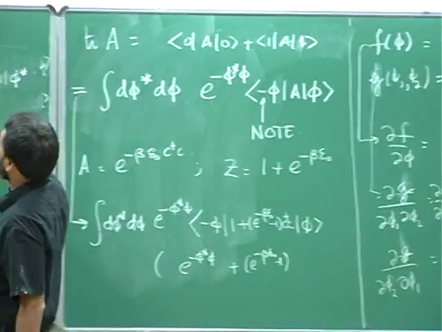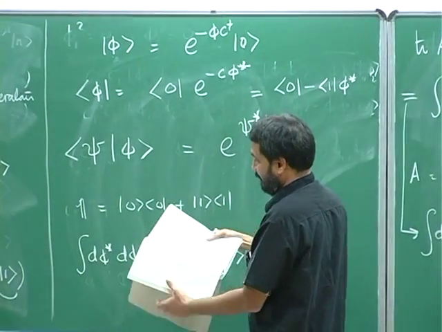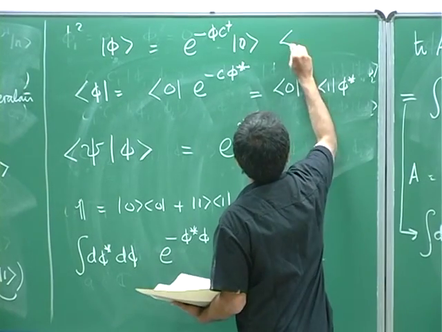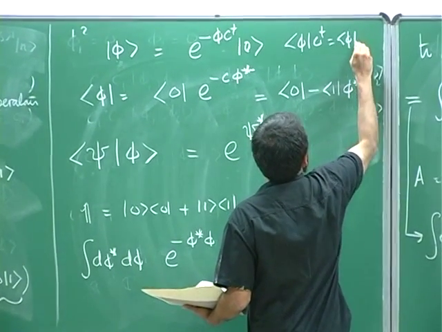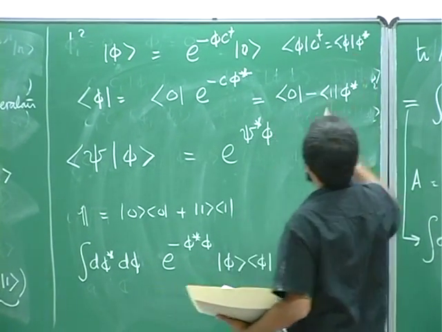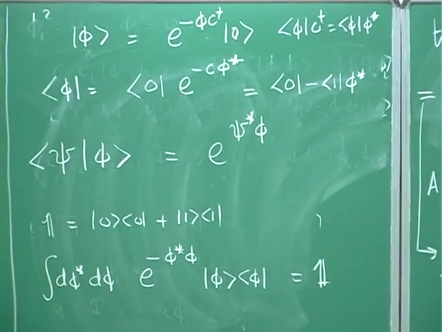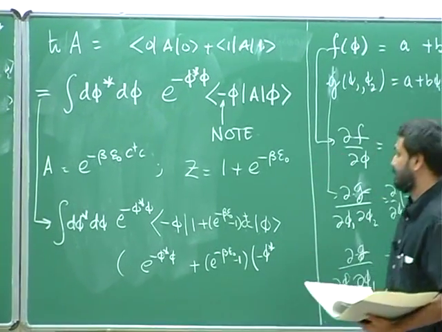Look at the definition of, sorry, I didn't write, okay, let me just write that here. Okay, so when it acts on the left, you will get a phi star. So when this guy hits that guy, I'll get a minus phi star like that.